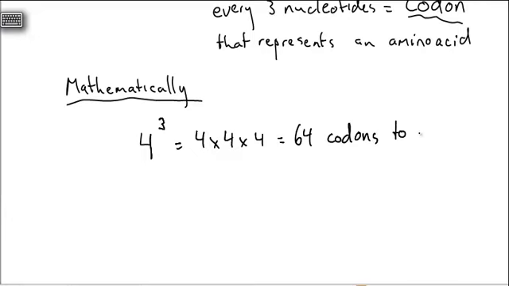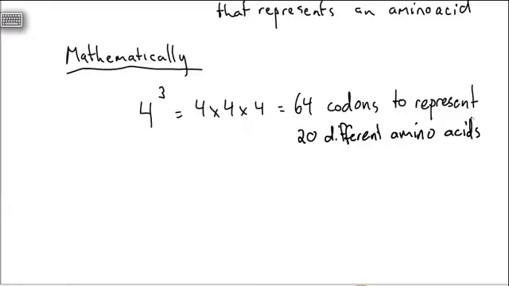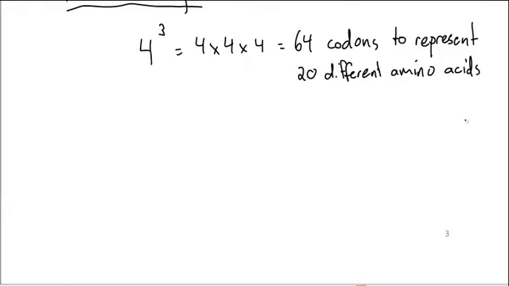But these each represent, how many different amino acids did we say we had? How many different R groups? That's right, to represent 20 different amino acids. So we have way more codons than we actually need. Ideally, we'd only need 20 different codons.